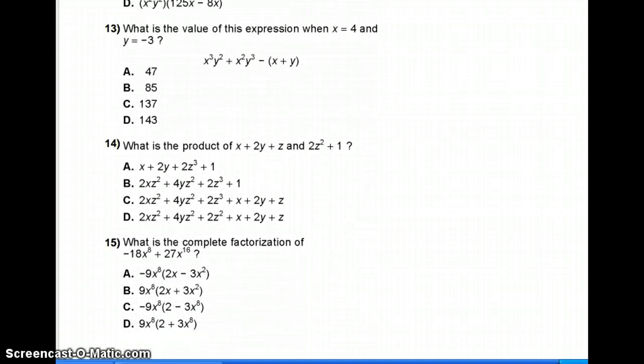Number 13, what is the value of this expression when x equals 4 and y equals negative 3?